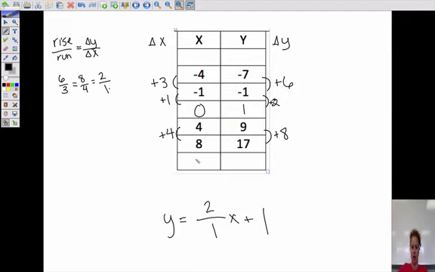10. Well, we know from 8 to 10, that's plus 2. So if we add 2, we need to make this ratio equal here. So if the change in x is 2, well, the change in y needs to be 4. So 17 plus 4 would give us 21.